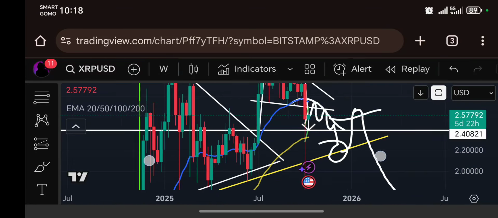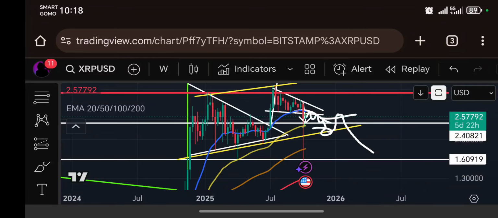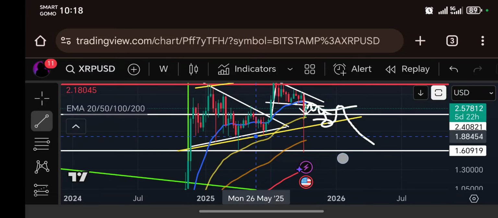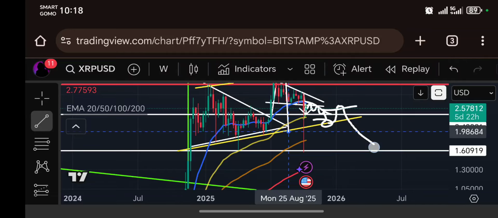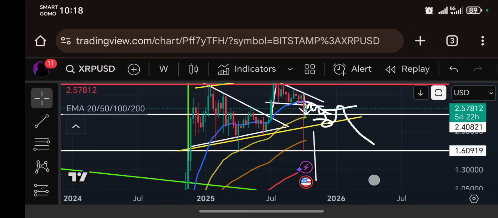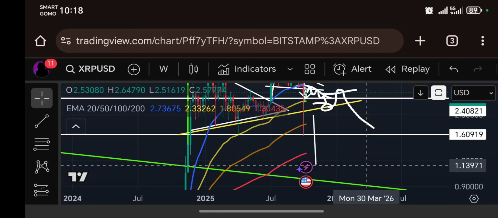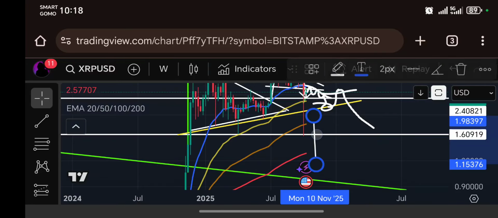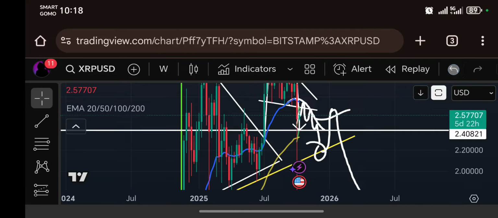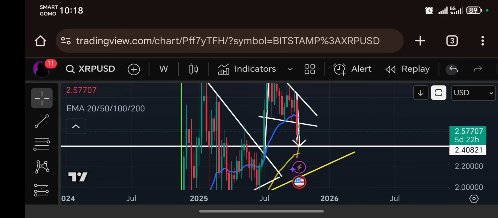A continuation for the bear market, and the double top is at play. And what's the measured move for the double top here? I don't want that. This is what we're talking about, 1.13 or even lower. I hope that's not the case.